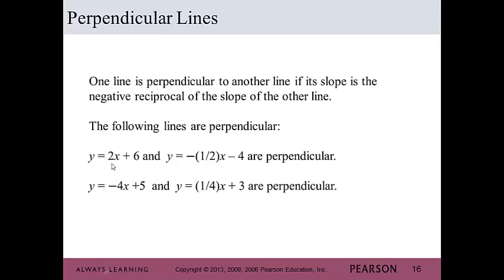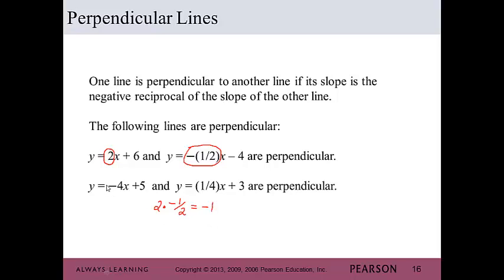All right, some examples. It says y equals 2x plus 6 and y equals -1/2x minus 4. Well, let's find our slopes. We have 2 here, and then we have -1/2. So 2 times -1/2 is -1.